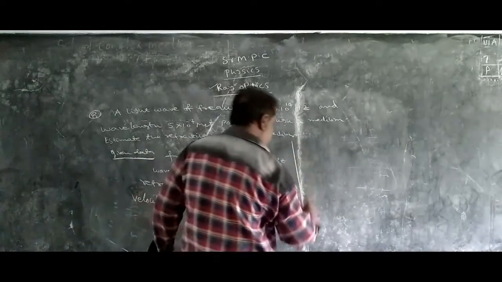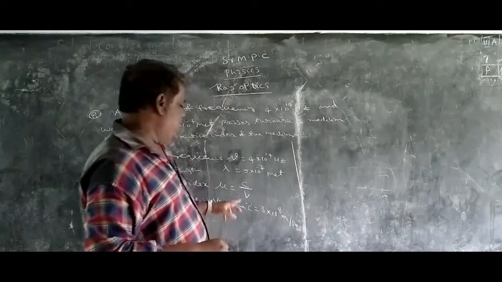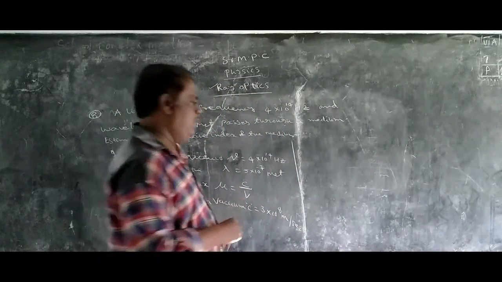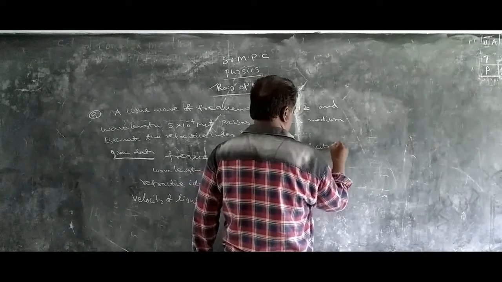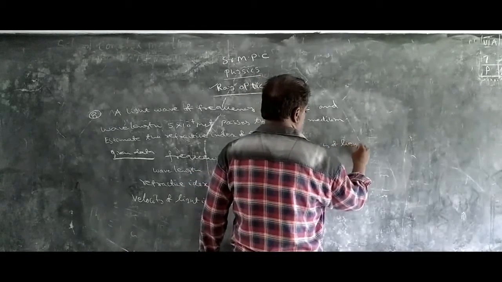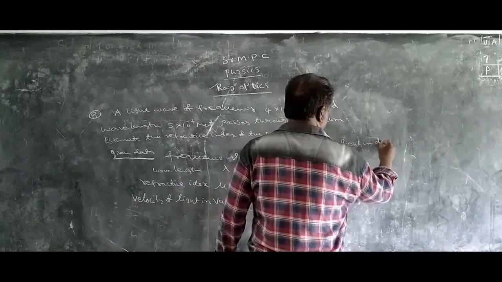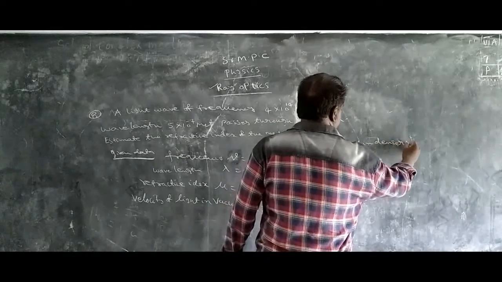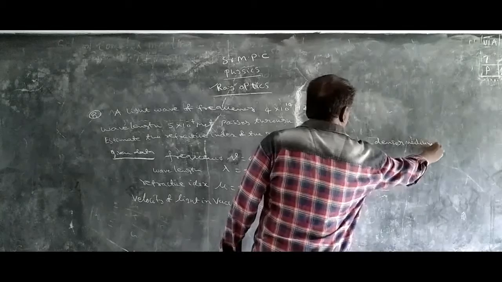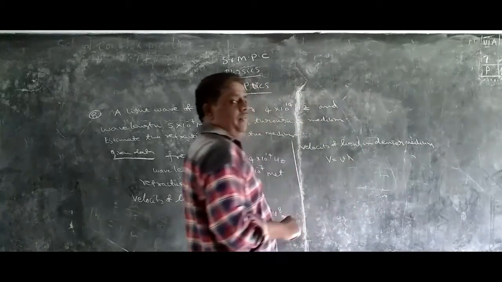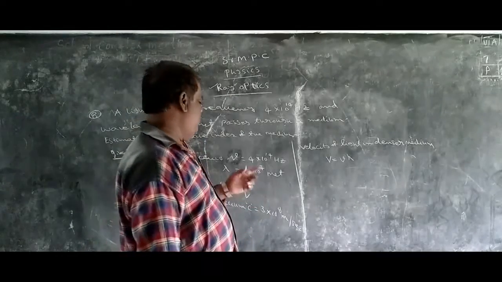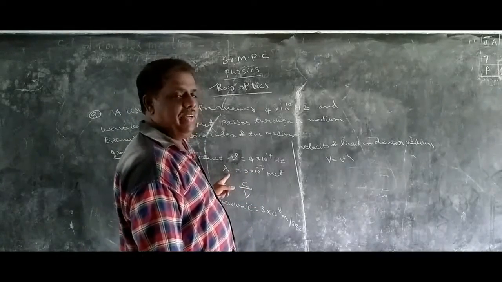Then, how do we find the velocity of light in denser medium? V is equal to nu lambda. Here we know the nu value as well as the lambda value.